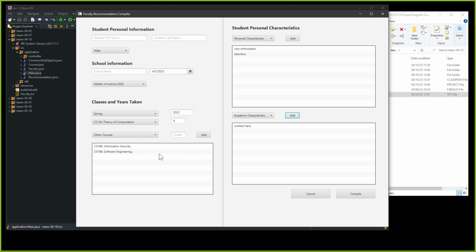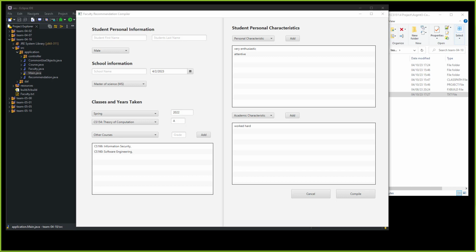Or for these, when we add one by one, we can have one box here to put the grades for each course. It depends totally on you how you think about this and how you implement that. I don't have any specific answer for this question. It depends totally on you.